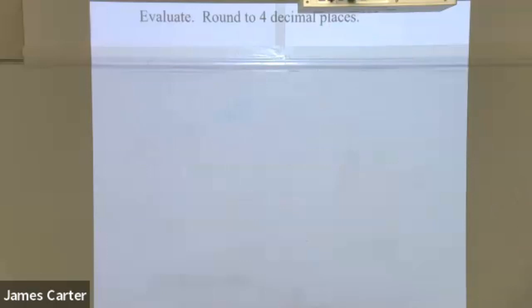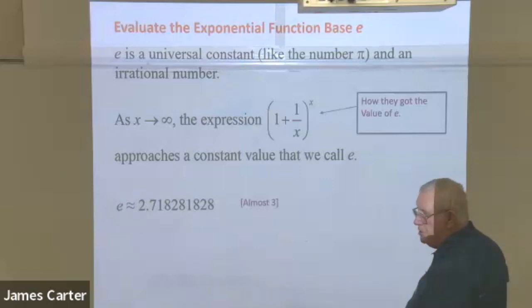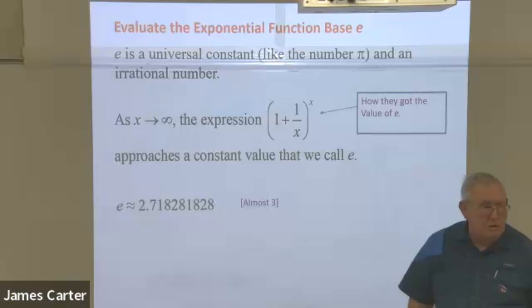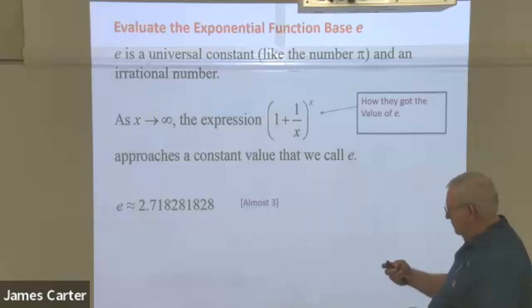So here, this you do need to know: you need to have at least 2.718 memorized. That is approximate because it's a rounded value.